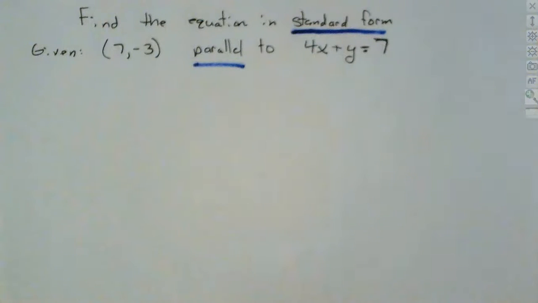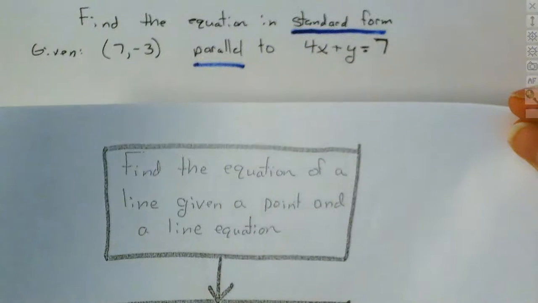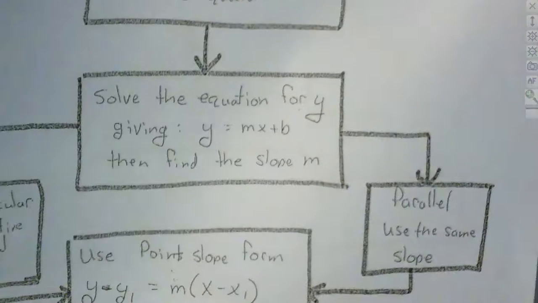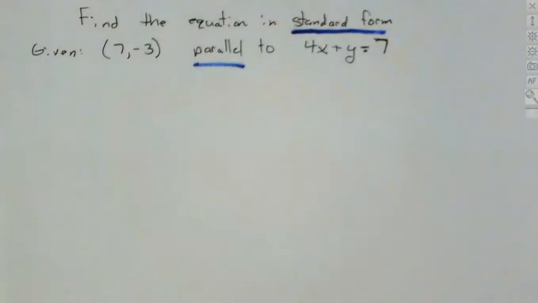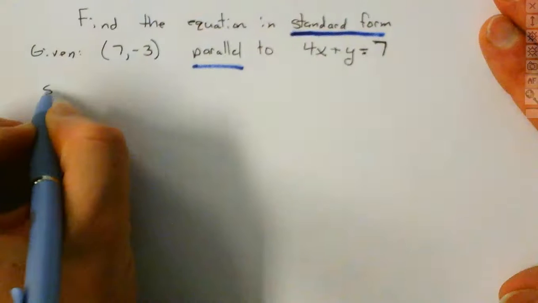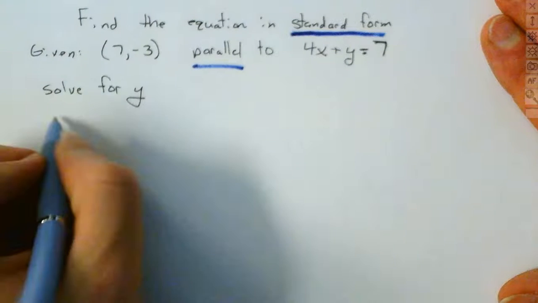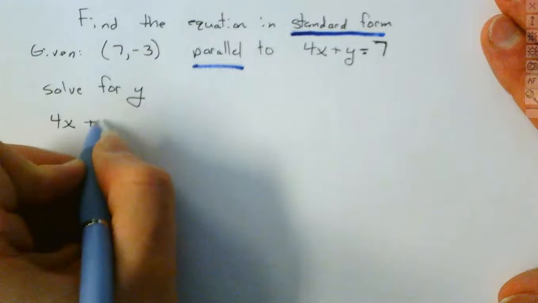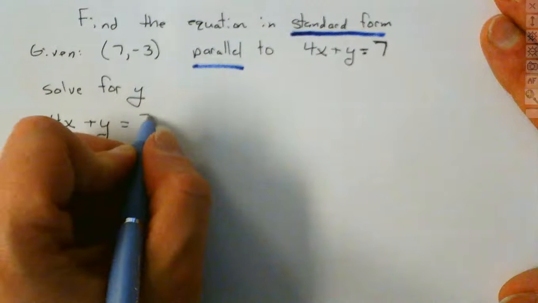So let's follow our flow chart again, and you can use this flow chart on the final if you need to. Find the equation of a line, given a point and a line equation. We take that line equation and we solve it for y. So 4x, and this one's actually quite a bit easier, plus y equals 7.